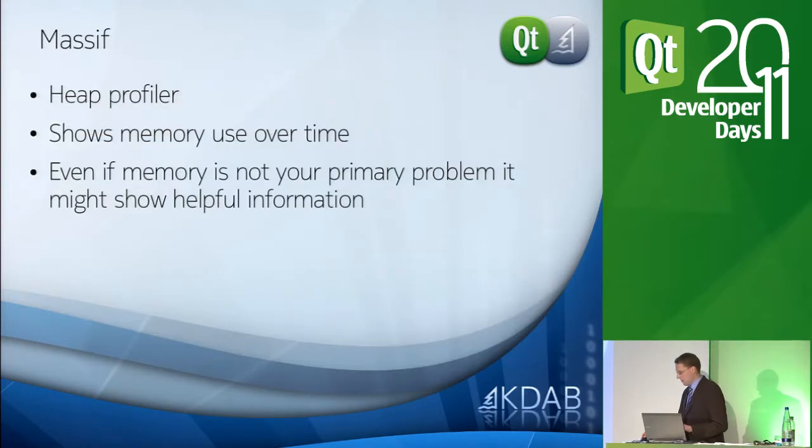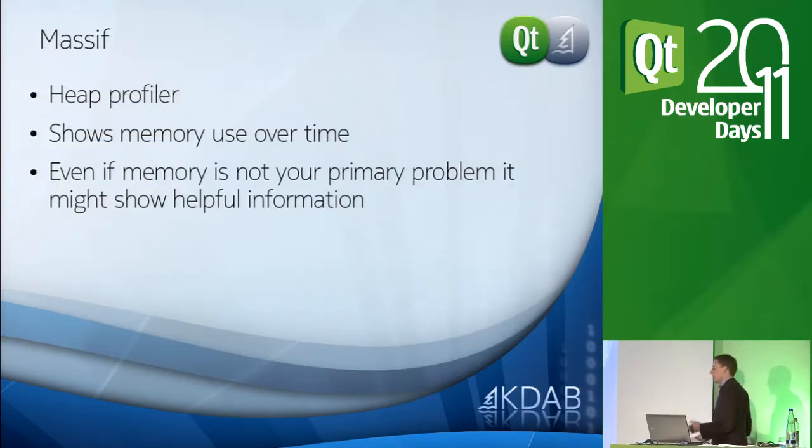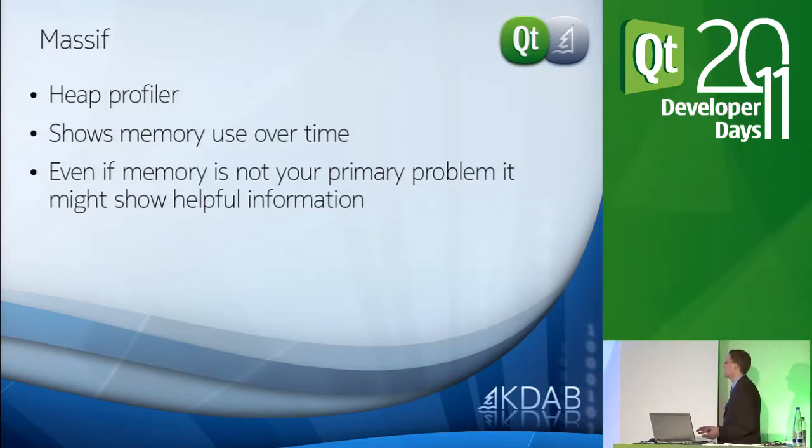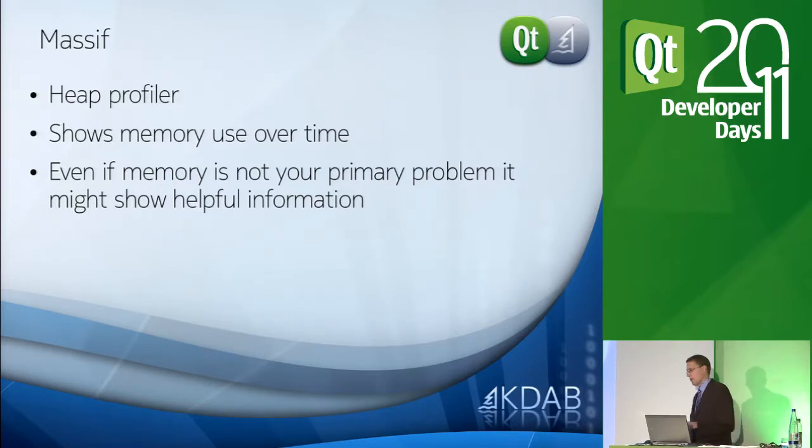So what else do we have? Right, I mentioned this also uses a huge amount of memory. So another tool I also mentioned in the previous talk, sorry for the duplication. Massif, also based on the Valgrind suite, so also only available on Linux and Mac, unfortunately. That is a heap profiler, so it will show you where your memory use comes from.